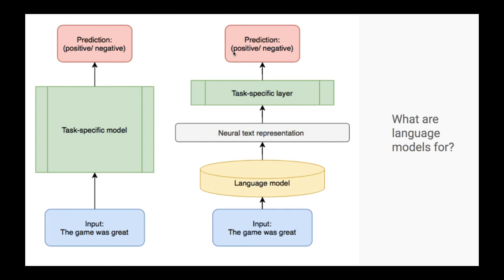In practice, the language model is usually a transformer architecture, and you just add one prediction layer on top of a very huge transformer model. Then you have this whole picture.